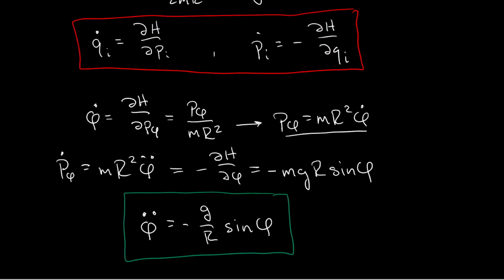Once we can do that, we just turn the crank, and we get our equations of motion, which we can then solve using whatever tricks we want. So that's the whole beauty of using Hamiltonian mechanics.